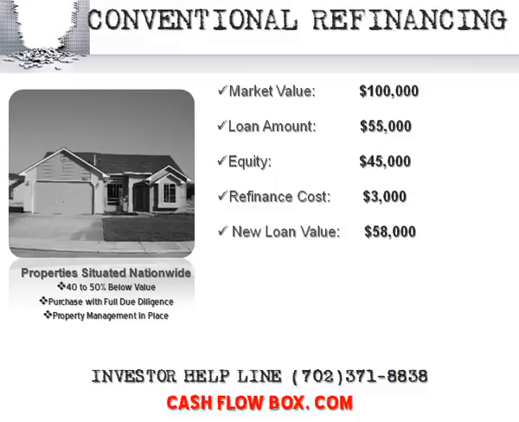You still have a very good position. You have a $42,000 net equity. Your new refinance loan value will be $58,000. Again, we are looking at what the numbers will look like once you are getting out of the private money loan and refinancing this property into a conventional mortgage.